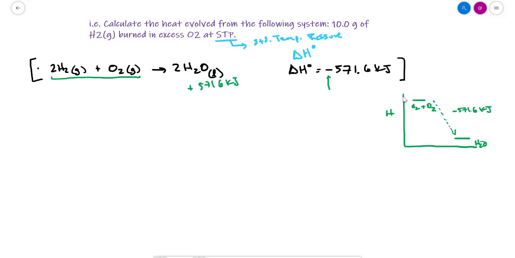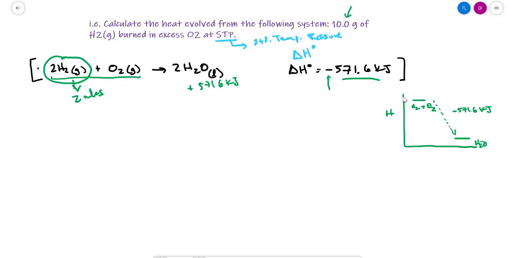That means for every 2 moles of H2, we get this amount of energy evolved. So do we have 2 moles? I don't know. We need to figure out how many moles 10 grams is. So how do we do that?